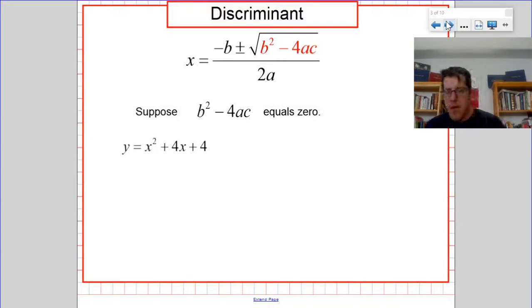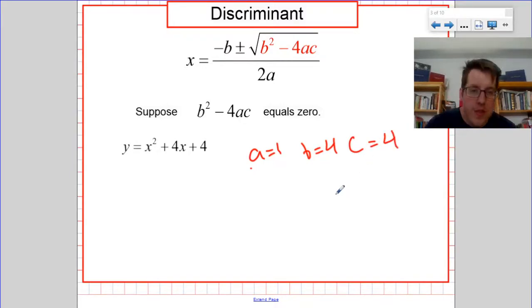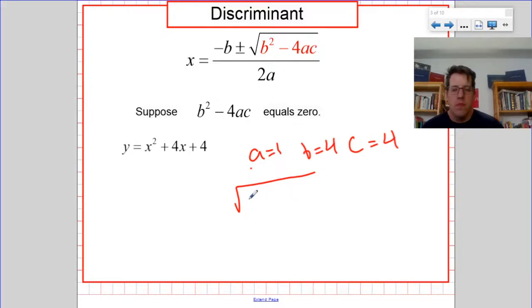Now, sometimes b squared minus 4ac equals 0. Let's take a look at what that would be. A equals 1, b equals 4, c equals 4. Now, this is not happening just because b and c are the same, so keep that in mind as we go along. B squared minus 4 times a times c. Oh, 16 minus 16.